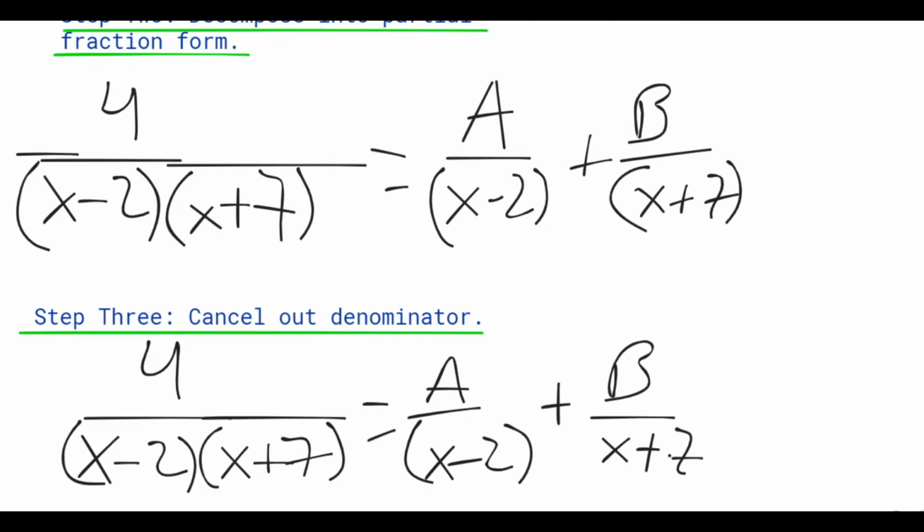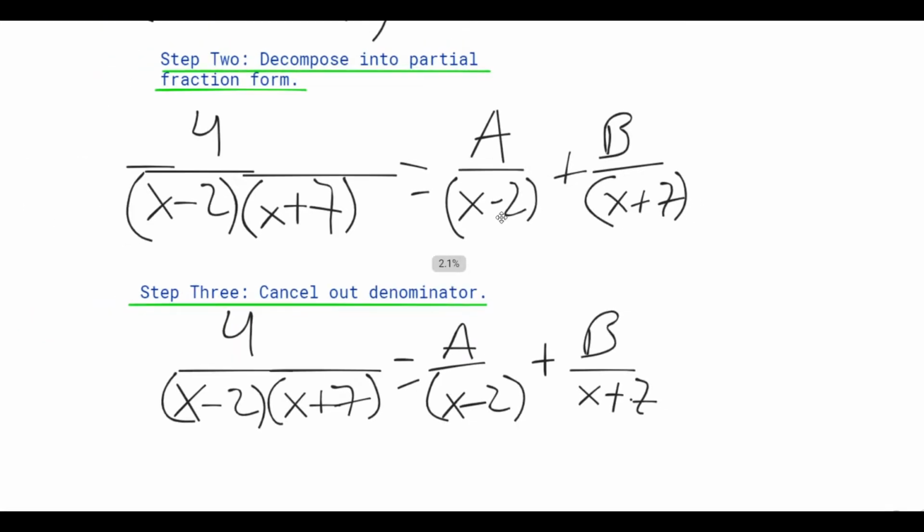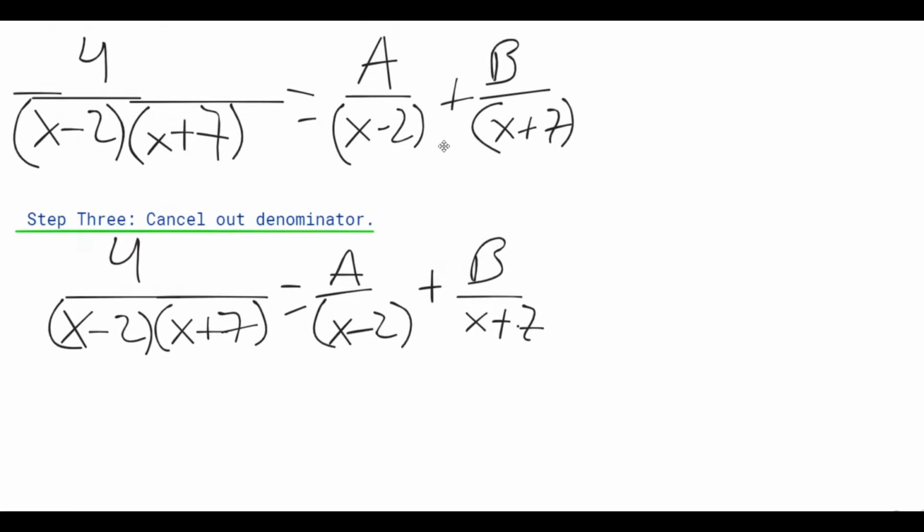And how do we cancel out the denominator? Well, to cancel out the denominator, we have to multiply everything by the denominator. So we're going to multiply everything by x minus 2, and then we're going to multiply everything by x plus 7.